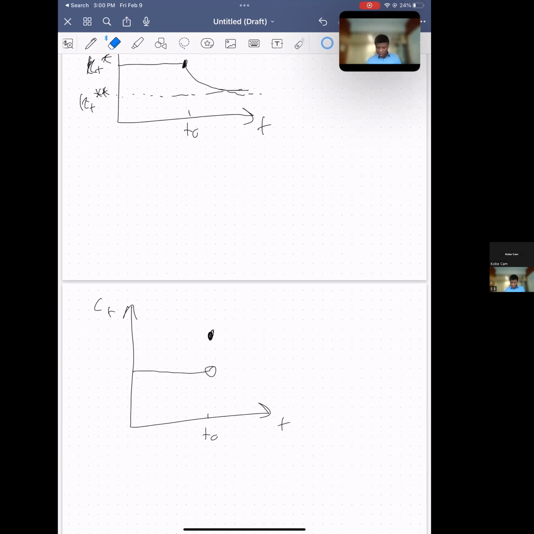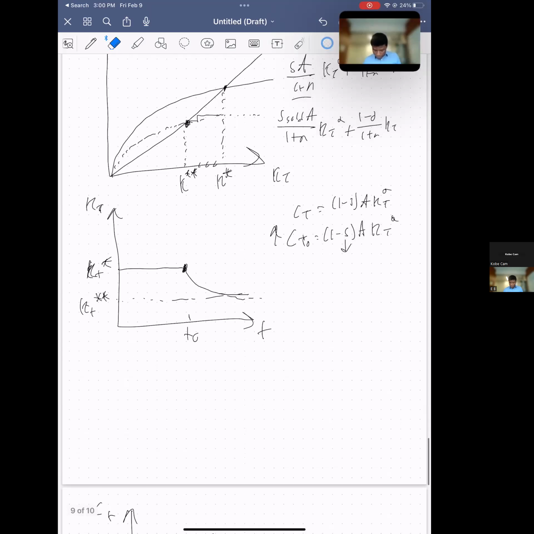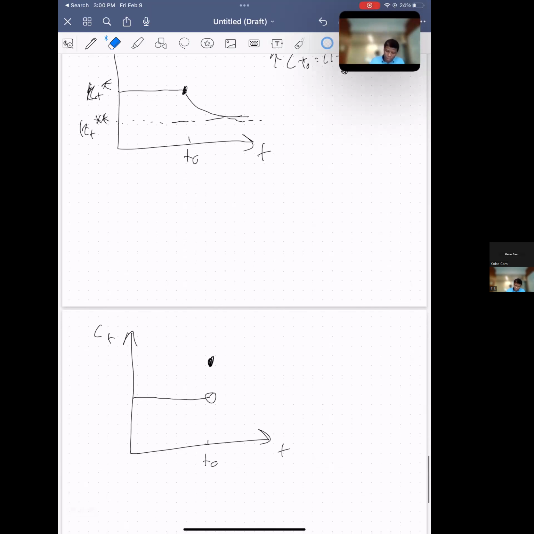And so if we look at our function again here, we're looking at our time path.